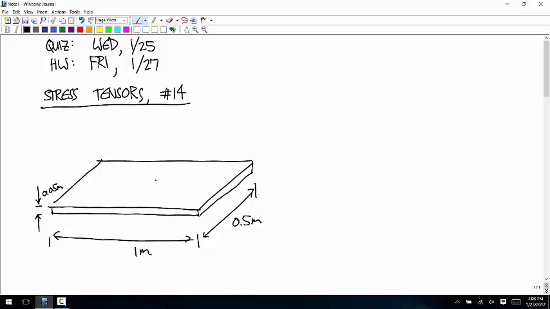There's a total 10,000 Newton force applied straight into the plate. And then there's a force applied across the plate of 6,000 newtons. And both of these are uniformly distributed loads.